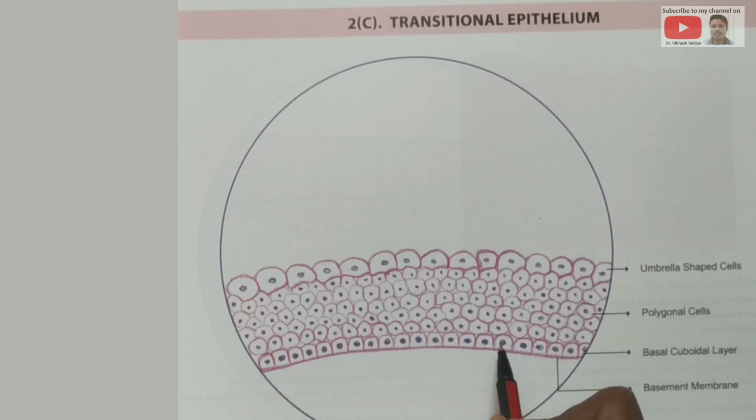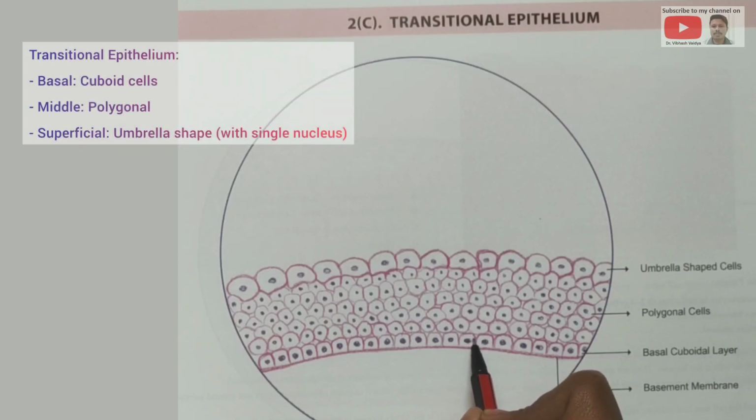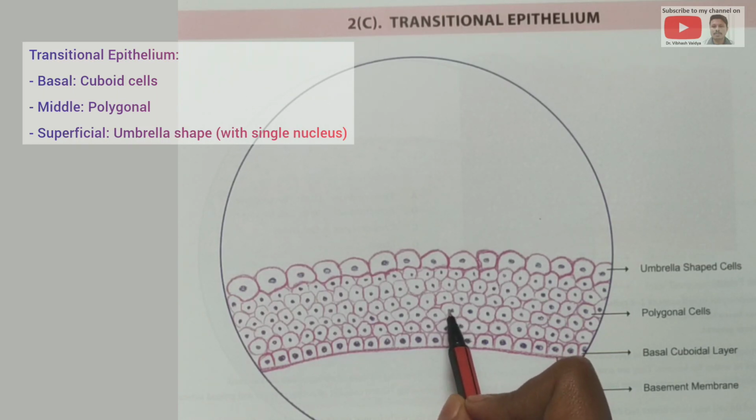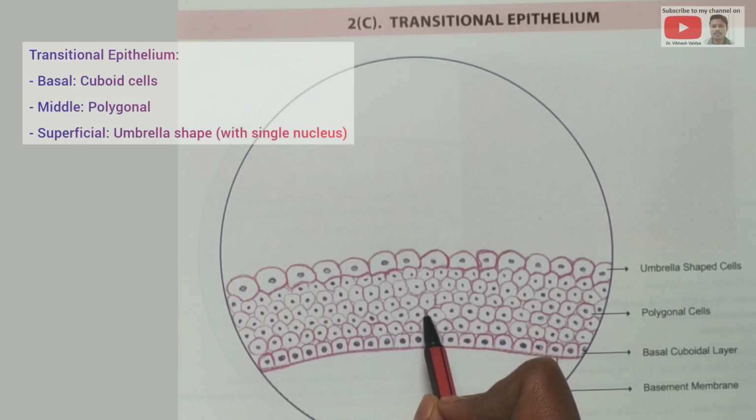The basal layer cells are cuboidal in shape, cube in shape. Then the middle layer cells are polygonal in shape.